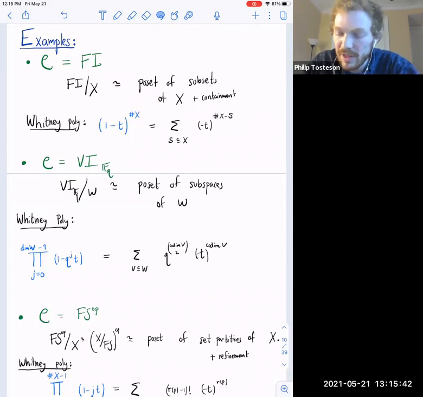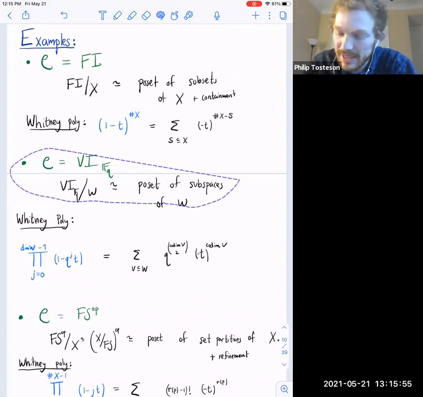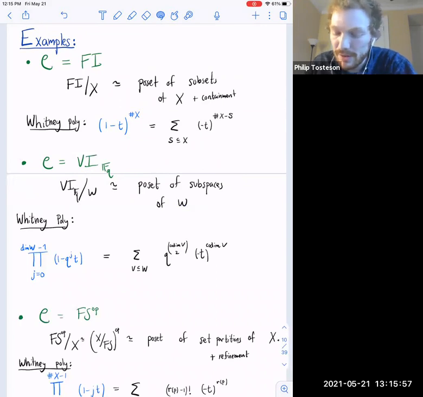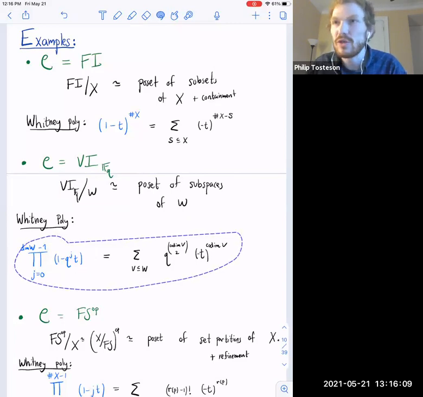And the Whitney polynomial of this poset is (1 minus t) to the size of X, which you can also expand out using the binomial theorem. And then the second example is when C is VI_Fq, and then this is just the poset of subspaces of my space W. And the Whitney polynomial again has this nice factorization, and this is a version of the q-binomial theorem.